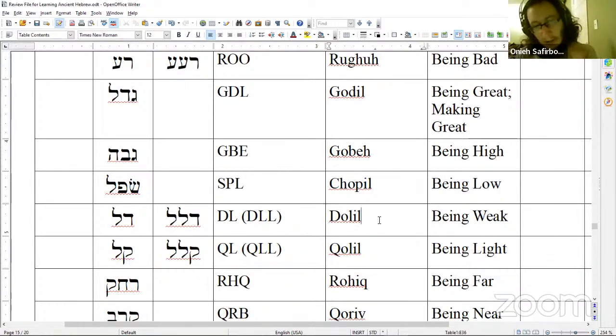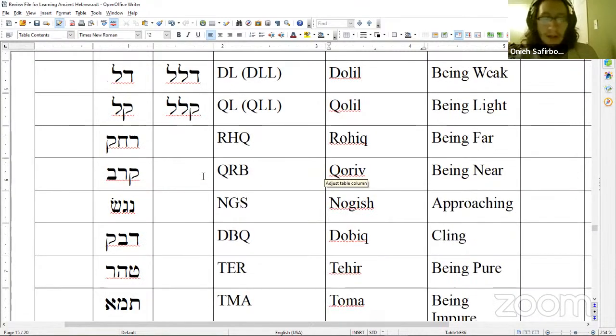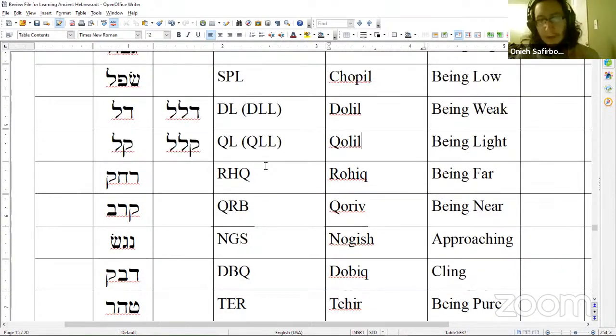Kil, originally Kialil, is being light. Rahik, being far. Kariv, being near. Nagish, approaching. Dabik, cling. Teher, being pure. Tama, being impure. Mala, being full.